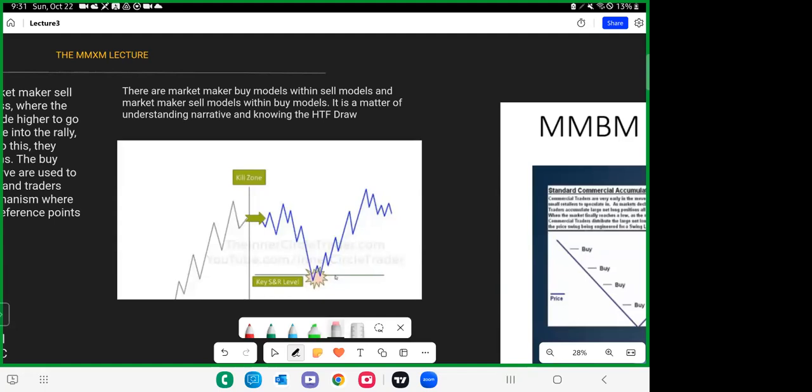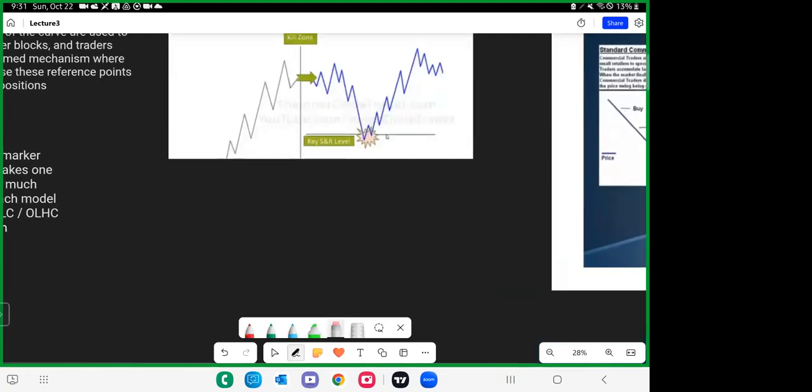What I mean by saying there are market maker buy models within sell models is, this could be a sell model here. But let's say price is pushing higher, it might have taken out a buy side liquidity pool to the left. This might have been buy side liquidity.